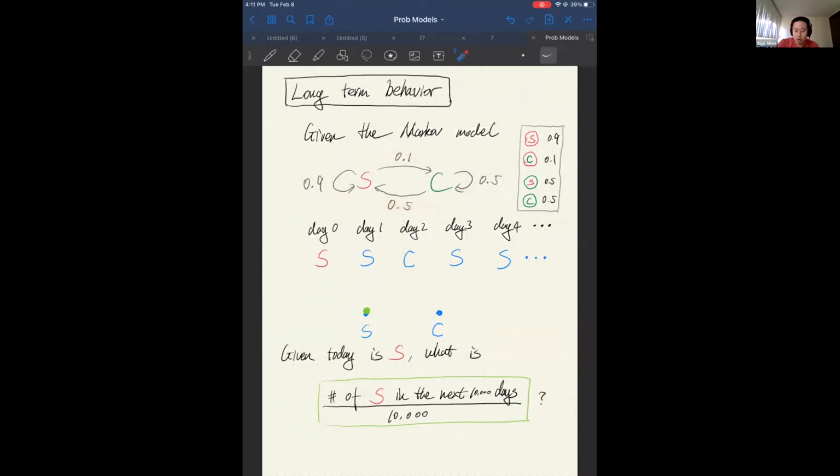This means if the green particle is at the state S, then when it jumps, with probability 0.9 it just comes back to S itself. You can think of it as not moving, or just jumping to S itself. Or with probability 0.1, the particle will jump to the state C. So this is really an equivalent way of understanding this model.